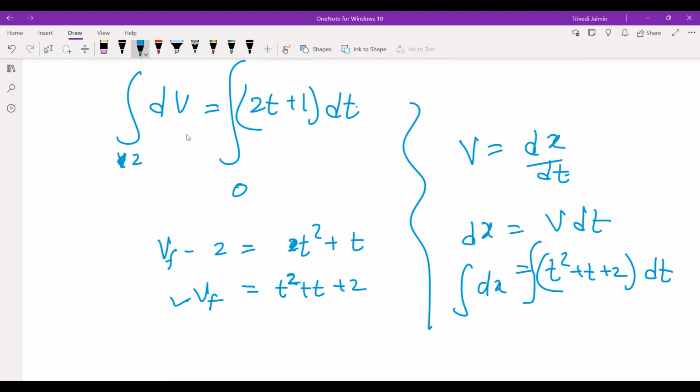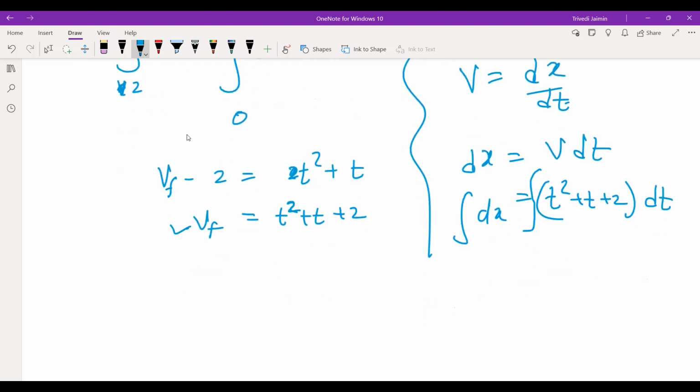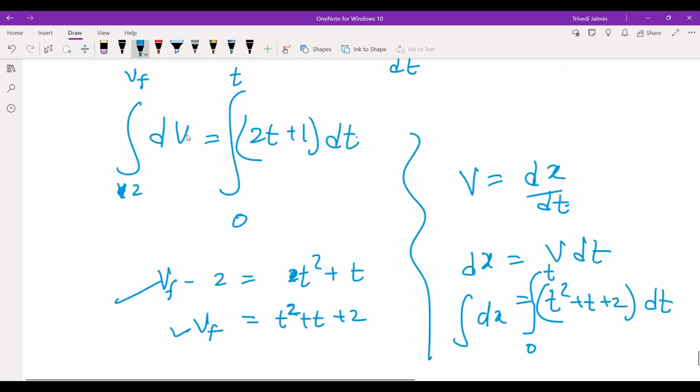So here we can take the limit as 0, 1 to x, and same here, 0 to t. We'll substitute t as 3. And here x final and x initial, same way as what we did here. But even we know that x initially is 1.